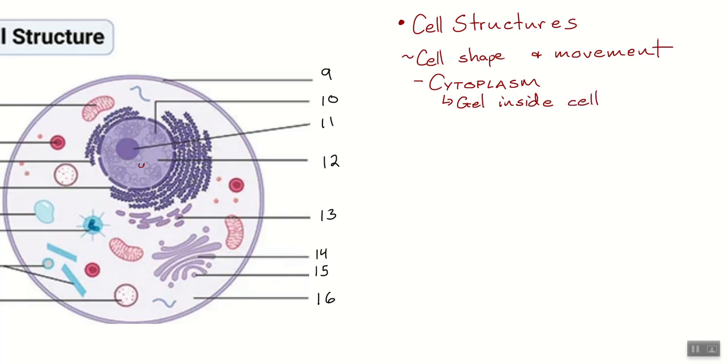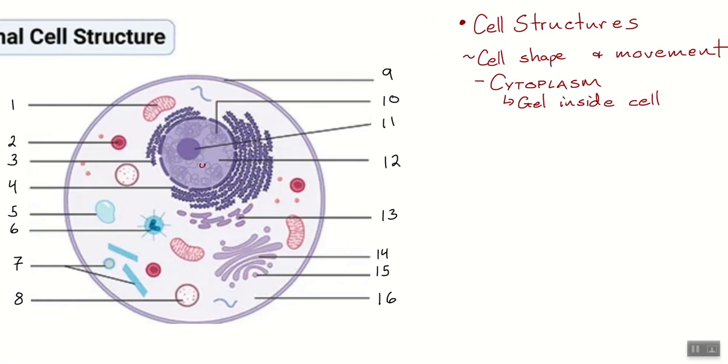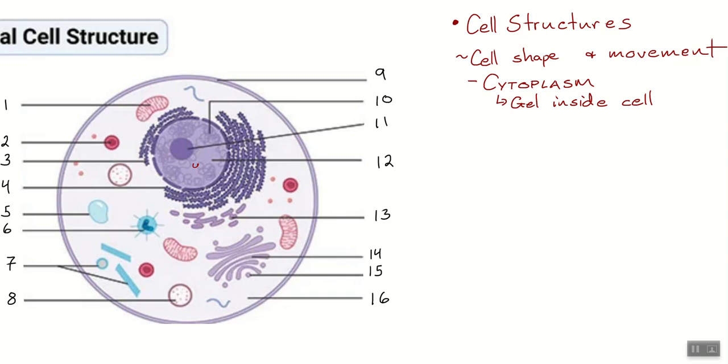Now, right off the bat, on our figure, can you guys see any number here that looks like it might represent the gel inside? Okay, the reason I don't agree, and we'll see this word show up, is that big purple thing in the middle. Is it 16?